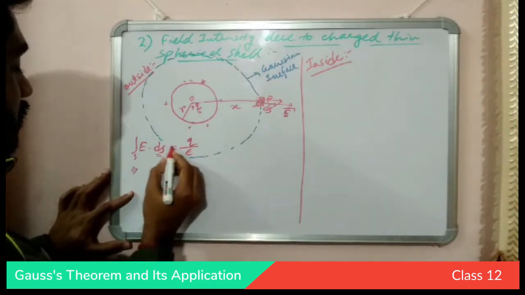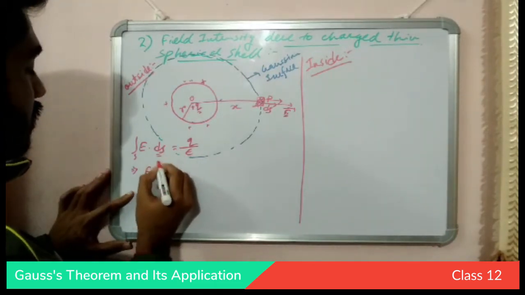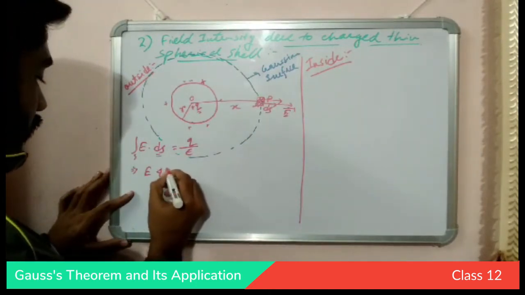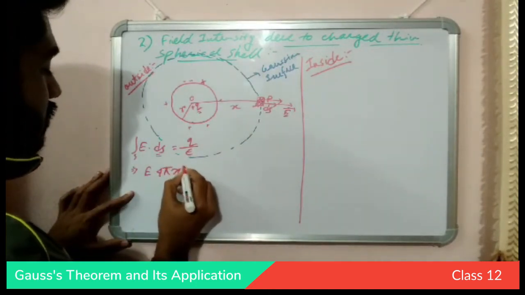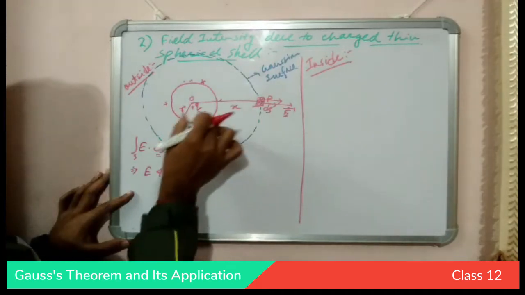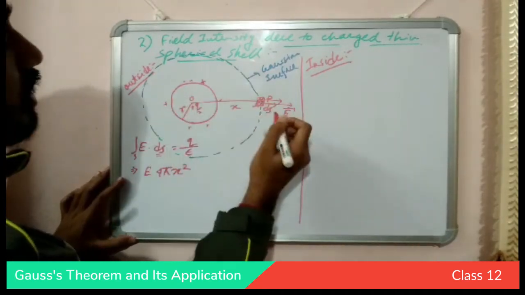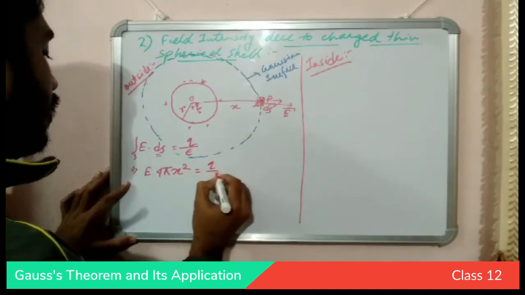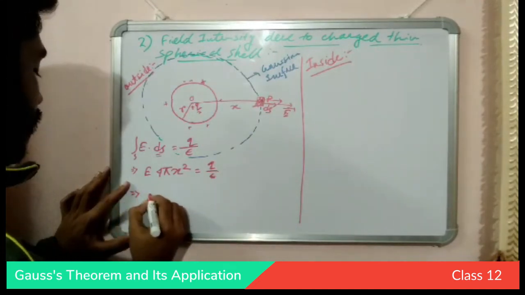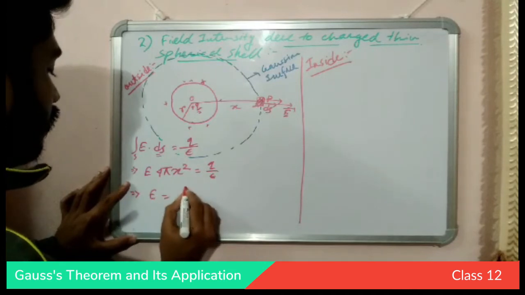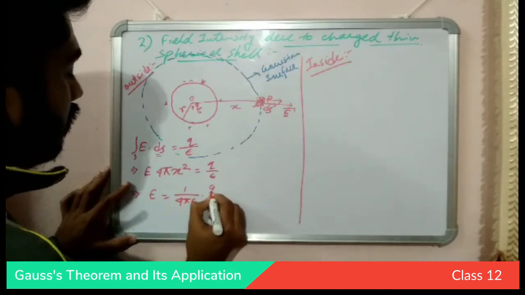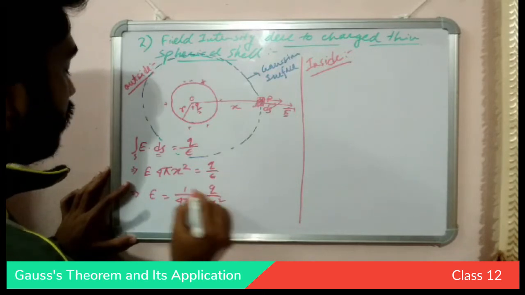So E dot ds, you can write, ds is the total surface area 4 pi x square, where x is the distance from center to the test point P, is equal to q by epsilon. So E is equal to 1 by 4 pi epsilon q by x square.